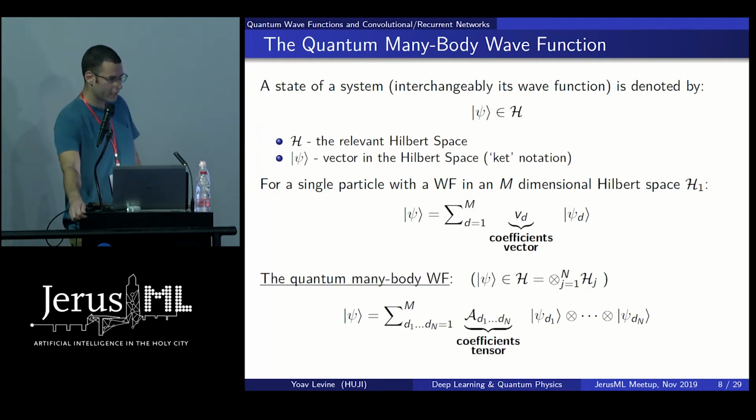And when extending this to many quantum particles interacting, then the Hilbert space in which the many-body quantum wave function resides is an outer product of the single particle Hilbert spaces. And really the takeaway here is that the many-body quantum wave function is fully specified by a coefficients tensor. So if you know that tensor, you know everything there is to know about the quantum system.